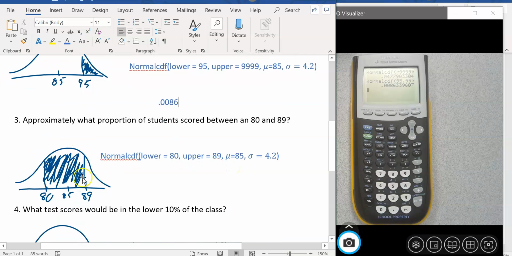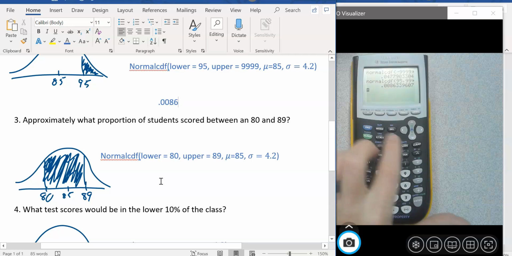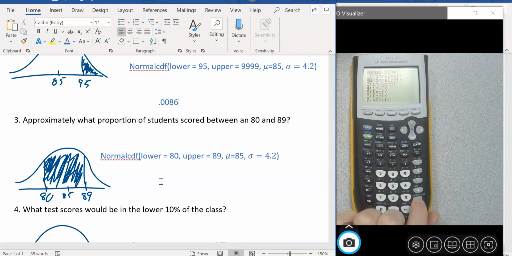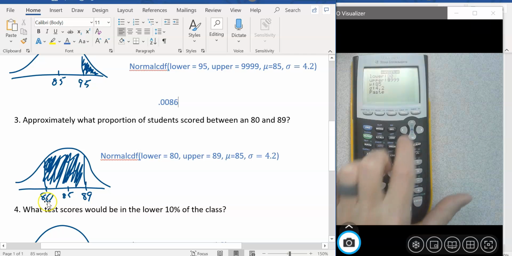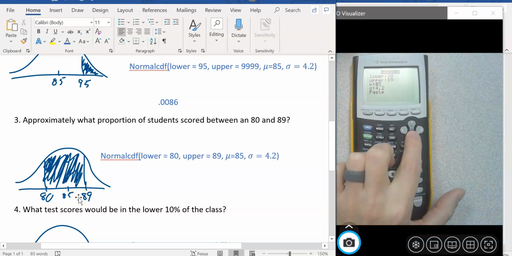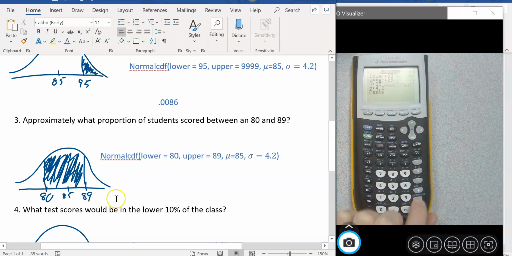Now here's where I think the calculator is nice. What if they want to know what proportion of students score between two scores? Typically we'd find two z-scores and subtract the areas from table A, which is a decent amount of work, still very doable. But on the calculator, we can do this all in one step. Normal CDF, my lower bound would be 80, my upper bound would be 89, mean and standard deviation are still 85 and 4.2.